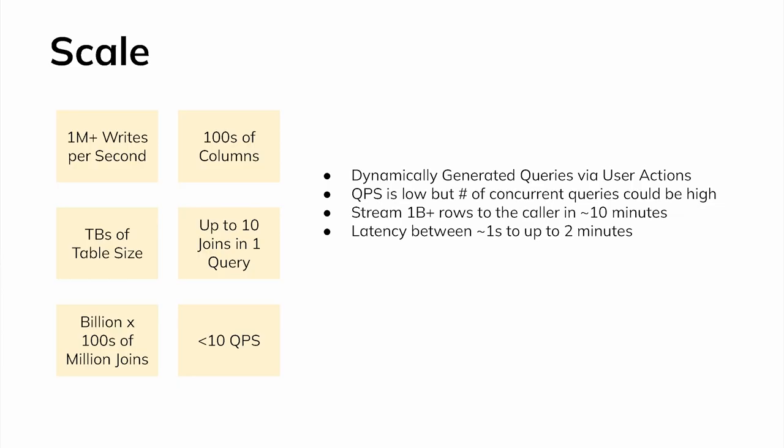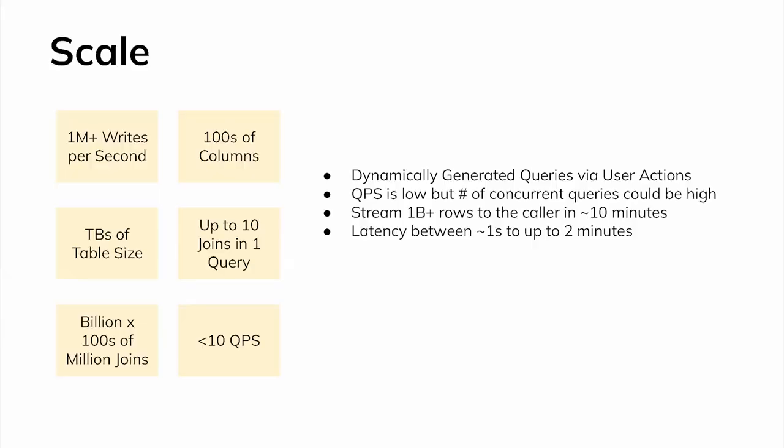QPS was low, but when you're looking at long-lived queries, I don't think QPS is a good metric to track. When you have flexibility on the latency of the query, from an engineer's perspective you should be looking at the concurrency of the queries, because that is where you will probably saturate.